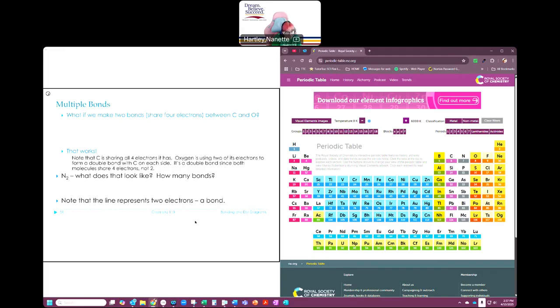But here's the other thing. Those multiple bonds occur in the same physical space. So they have to exist in the same physical space. So even though I have two bonds there, it doesn't count like two bonds. It counts like one bond because they exist in the same physical space. So I can't count them as two different things.